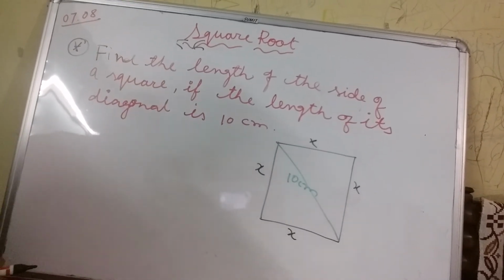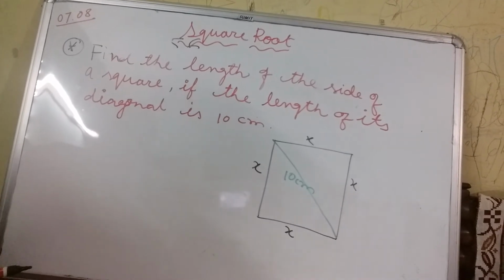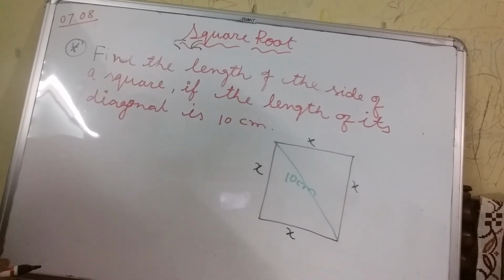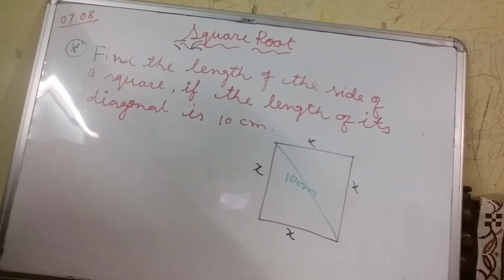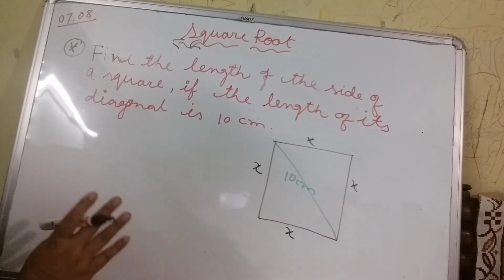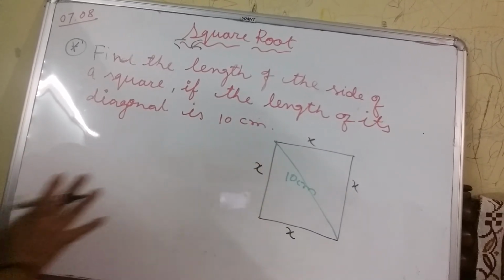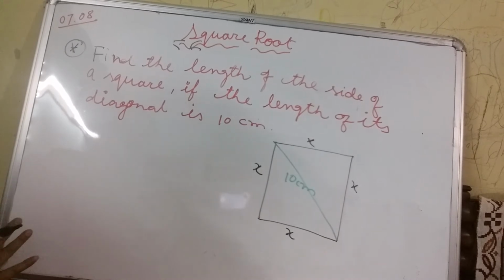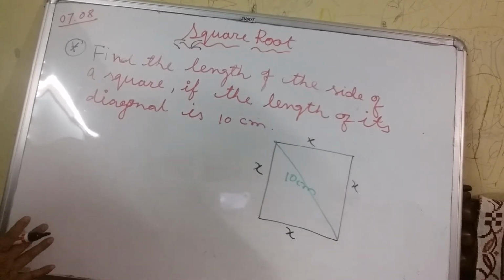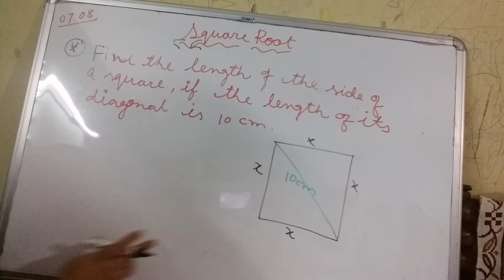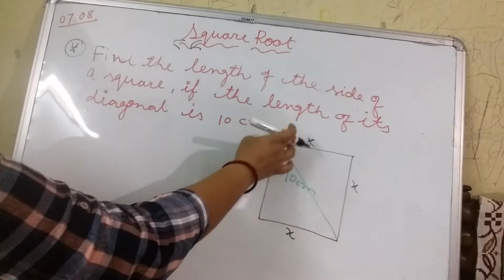Find the length of the side of a square if the length of its diagonal is 10 centimeter. A square is given, the only information given is the diagonal is 10 centimeter. You have to find the length of its side. Okay, so you can see this figure.